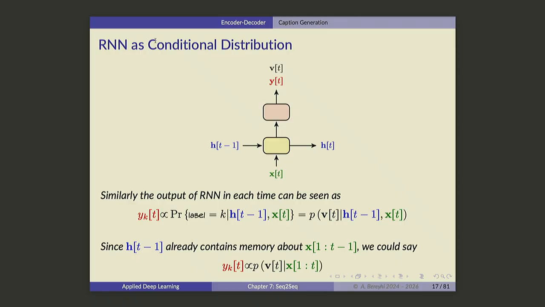So h_{t-1} is whatever relevant, useful information I have from time 1 to time t-1. And then I look at time t, so essentially I'm looking at the whole sequence from the beginning of the sentence up to this point, and now I want to talk about the probability of the next token. And it makes sense.